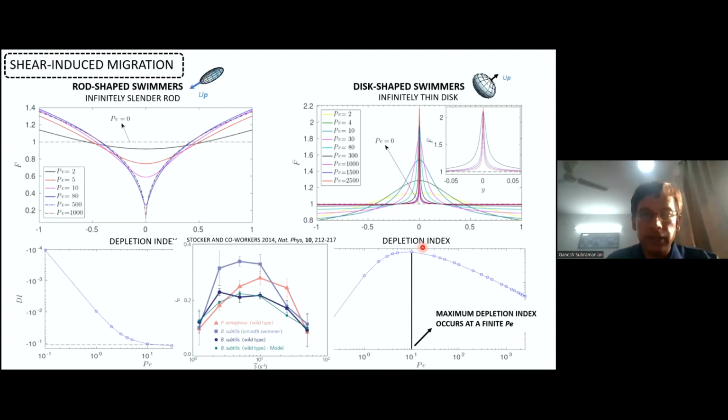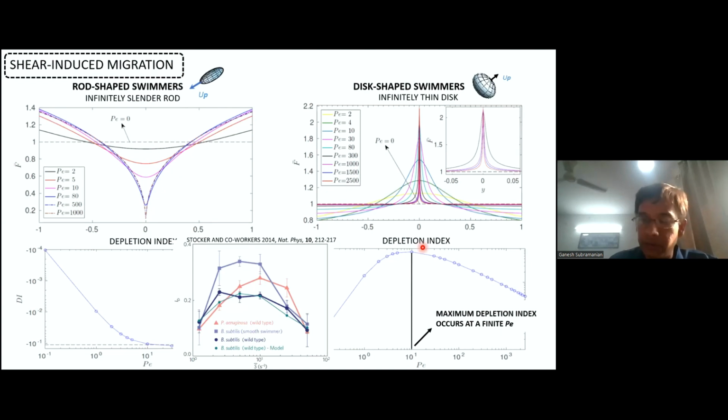Like I said a couple of times before, we have looked at the swimmer dynamics along the gradient direction, the way they sample the velocity fluctuations as they migrate from the wall towards the center or vice versa. The natural thing to ask is, does this influence the spread of the microbial population?